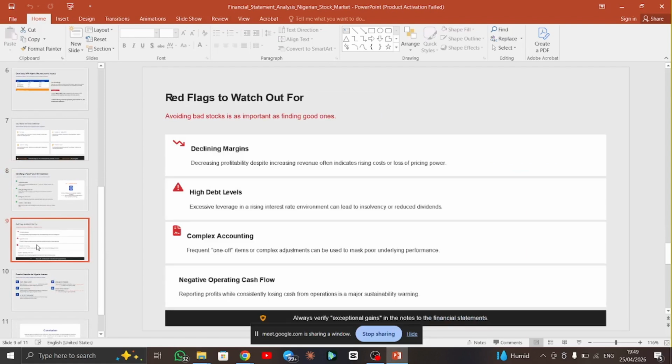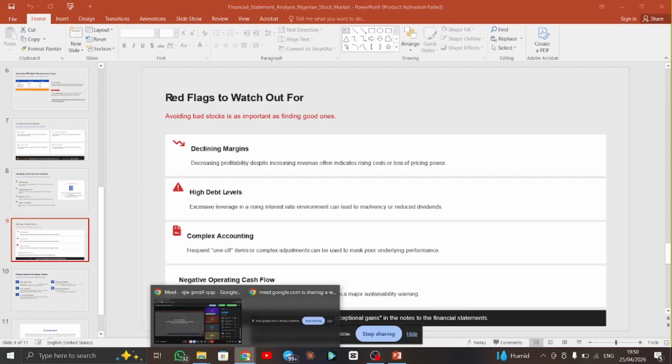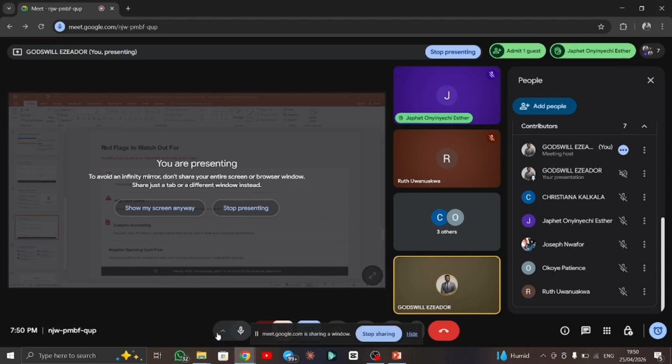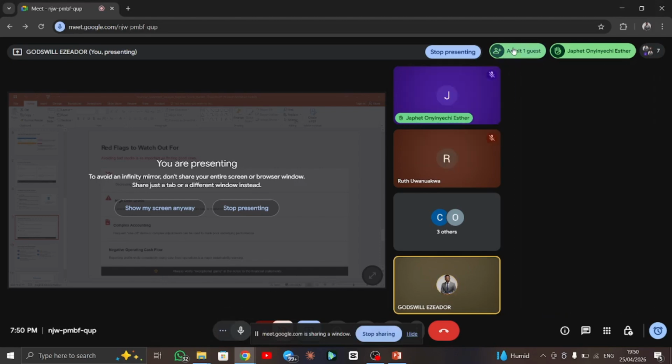Then we have red flags to watch out for. Declining margins. When a company's profit is decreasing relative to another year, let's say you are looking at their fundamentals for the past five years, and for the past five years the company's margin has been decreasing, it is a red flag.